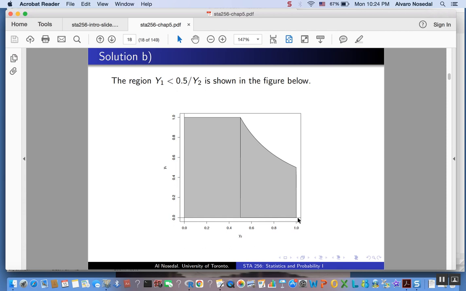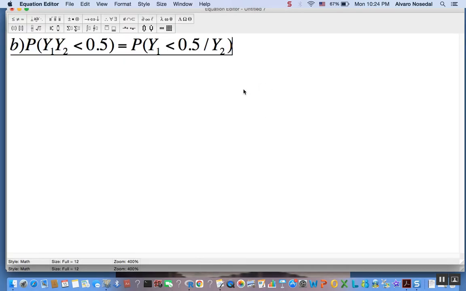So let's try and do this using calculus, using integrals. We don't have much of a choice. For region 1, we can find that one using a geometric approach, but for the second region, that is not going to work. We have to use calculus. Let me write that down.